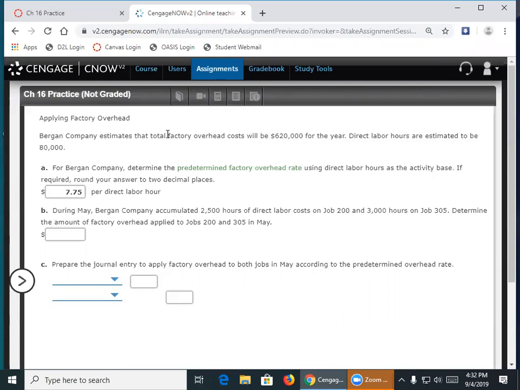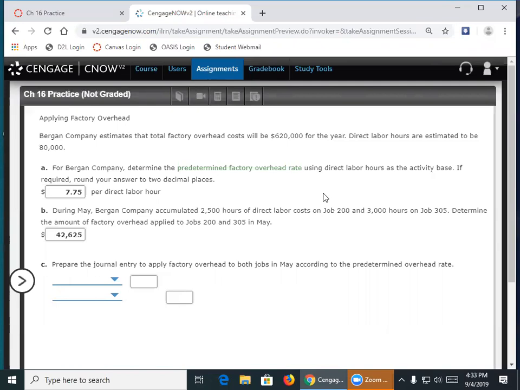So how much overhead would get charged to just those 2 jobs? Very good, $42,625. So again, we just added up our total hours, 2,500 plus 3,000. Those are our direct labor hours, times the $7.75. So there we've come up with how much overhead to charge to those 2 jobs.